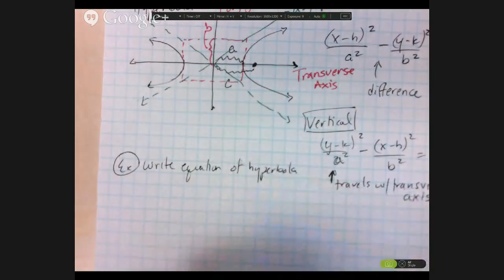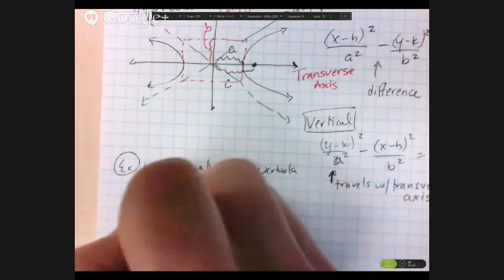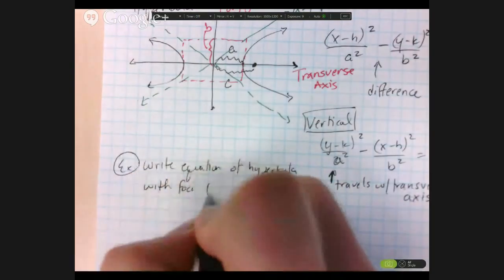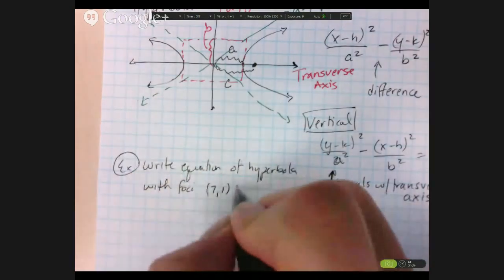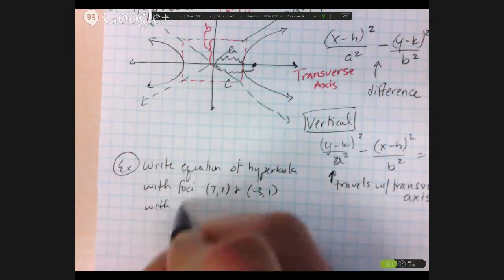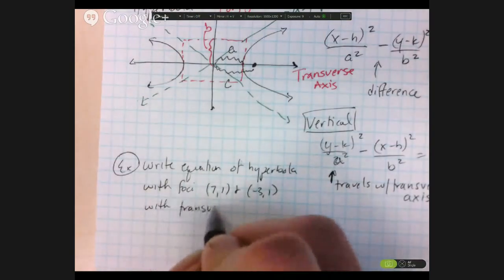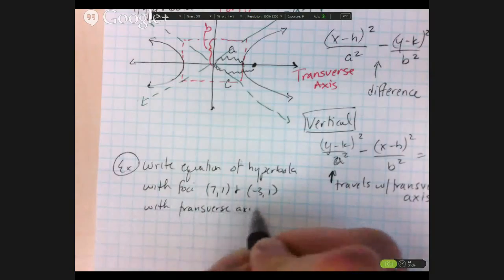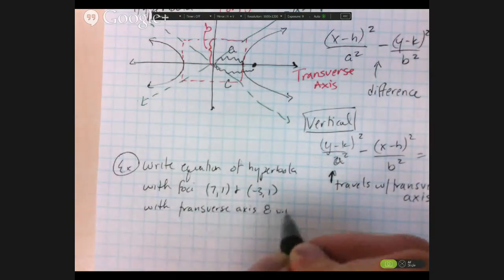Write the equation of hyperbola with foci 7, 1, negative 3, 1 with transverse axis 8 units long.